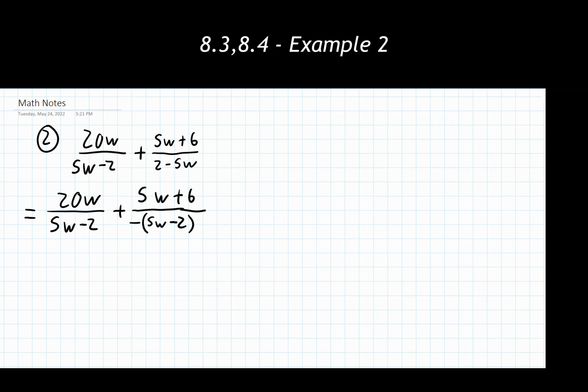So now I'm looking at the screen, and the denominators look like they're closer to being the same, but I have this minus sign out front of the second denominator. Well, we can deal with that by noticing I have a positive divided by a negative. What's that going to give me? That's going to give me a negative overall expression. So that means I can rewrite this sign, instead of being a positive sign, I can switch it to a subtraction sign.